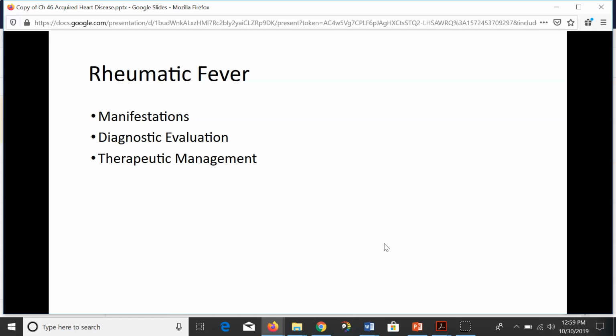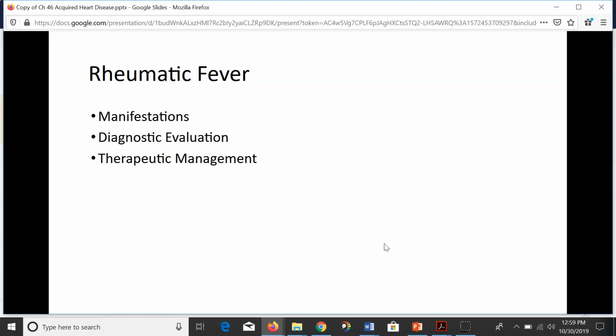Major manifestations include carditis, polyarthritis, chorea, erythema marginatum, and subcutaneous nodules. Minor manifestations include fever, arthralgia, elevated ESR or positive C-reactive protein, prolonged PR intervals, and supporting evidence of preceding streptococcal infection.